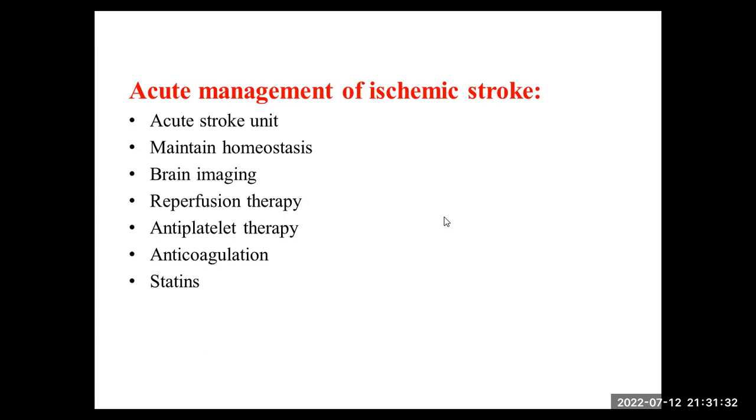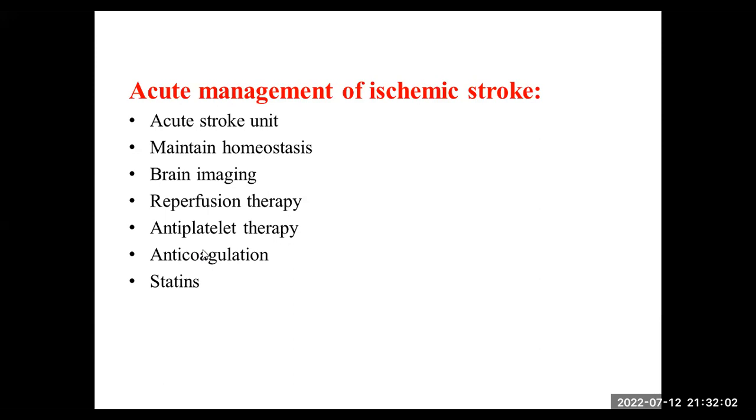So the main indication of anticoagulation therapy in acute management of ischemic stroke is cardioembolic stroke. But in non-cardioembolic stroke, anticoagulation was shown to be inferior to aspirin. If you have a non-cardioembolic stroke, using aspirin instead of anticoagulation is better. And actually, anticoagulation in non-cardioembolic stroke is associated even with a higher risk of hemorrhagic transformation. So it's totally unnecessary and it's even harmful.